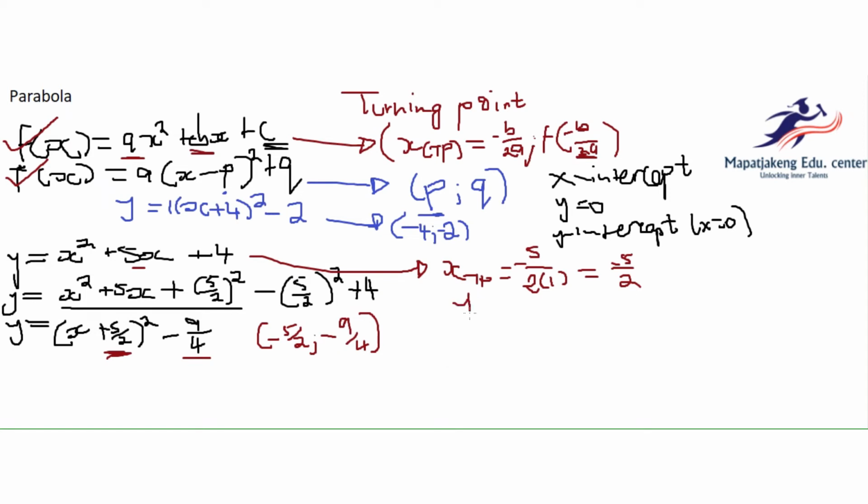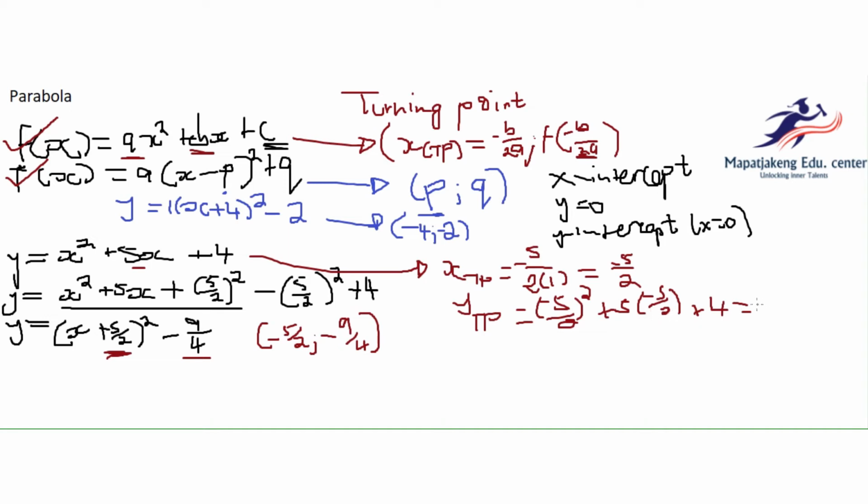Then looking for the y of the turning point, as I explained here, you take your x and substitute in the function. So you substitute in here, whereby we have minus 5 over 2 all squared plus 5 into the same x, which is minus 5 over 2, plus 4. Using your calculator, this is 25 over 4 plus minus 25 over 2 plus 4.